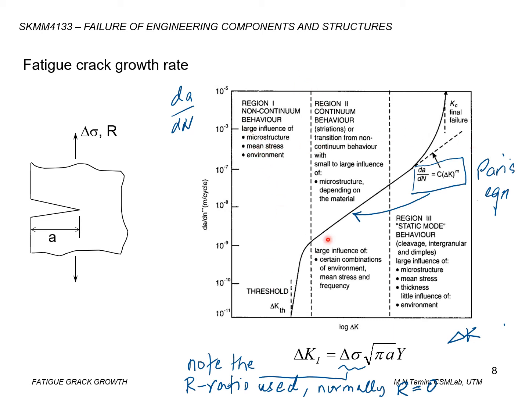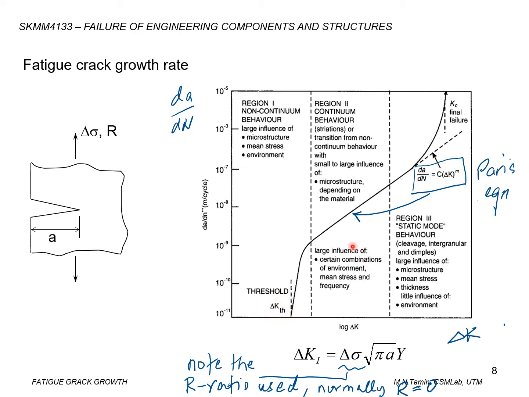The first region is referred to as the threshold. Delta K threshold is the value of delta K below which the crack will not grow. That is referred to as the delta K threshold for the material.